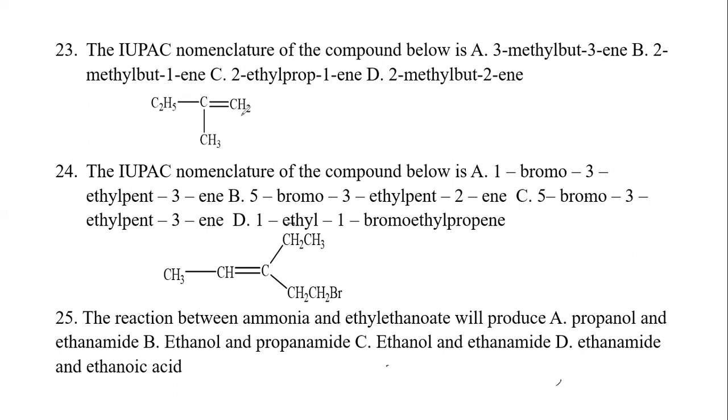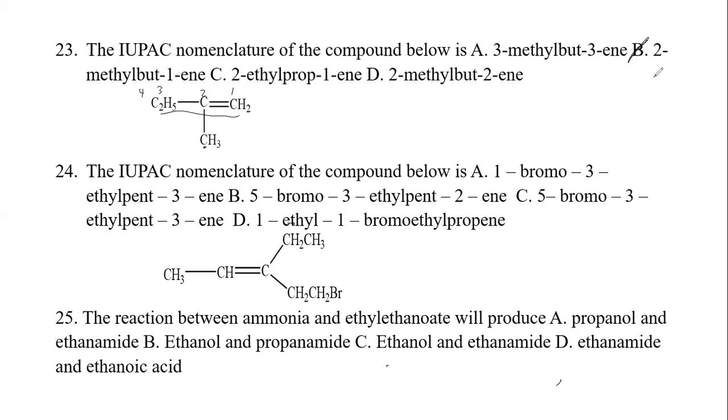So I take it this way, and this one is going to be a substituent. Being a substituent, you start your numbering from the side closest to the functional group. So this one is going to be a 2-methyl. So this compound is going to be 2-methylbut-1-ene, because it's 4 carbons. So that's going to be option B.